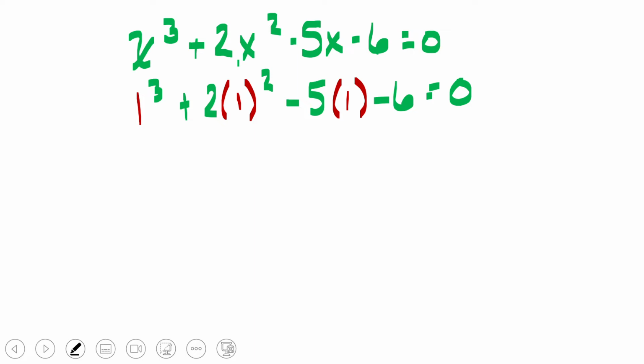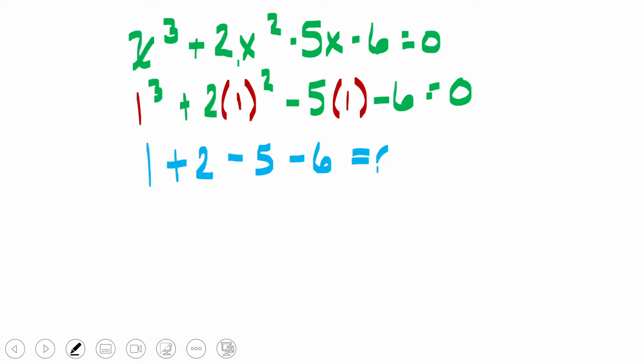Now let's see what we get. 1 to the third power is 1, plus 1 to the second power is 1. 2 times that 1 is still 2. Then we have negative 5 for the next term, minus 6 in the constant.